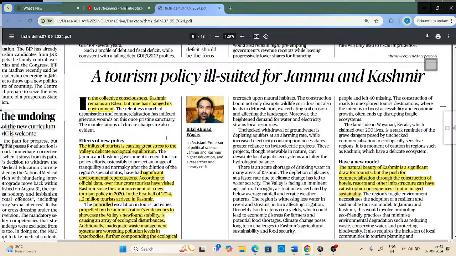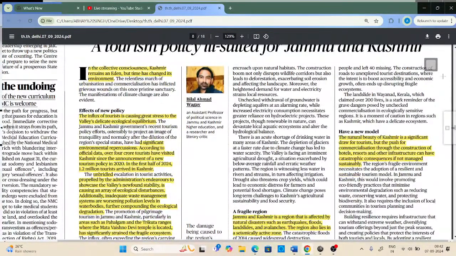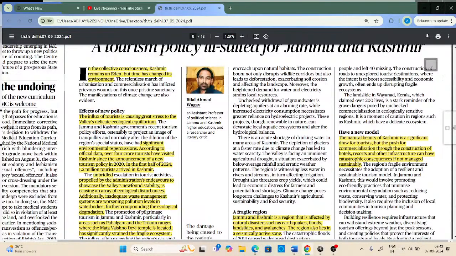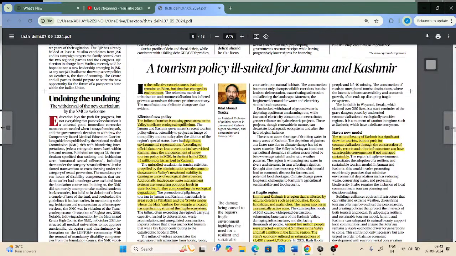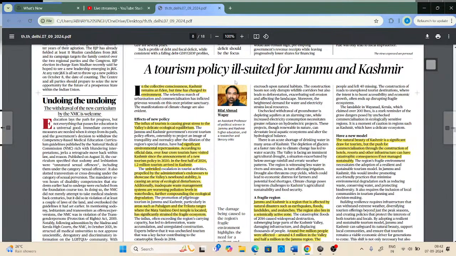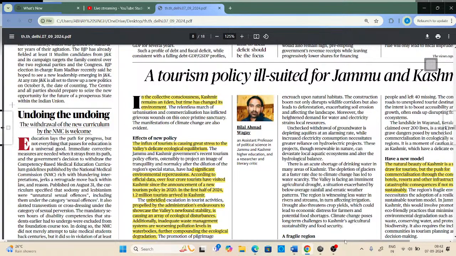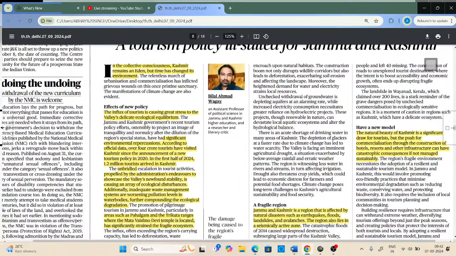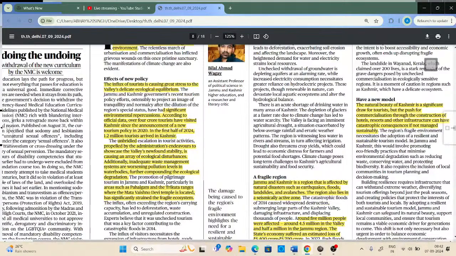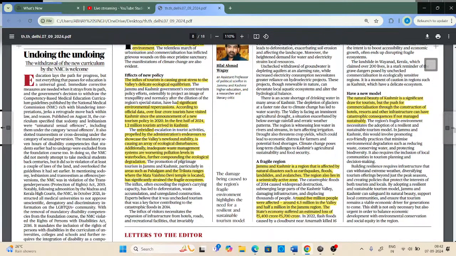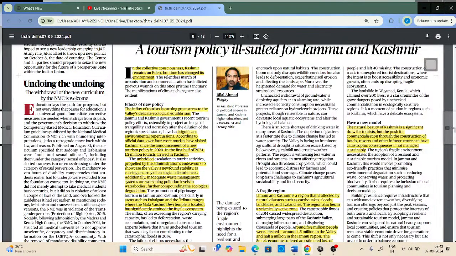So we'll start with the first paragraph itself. In the collective consciousness, Kashmir remains an Eden, but time has changed its environment.